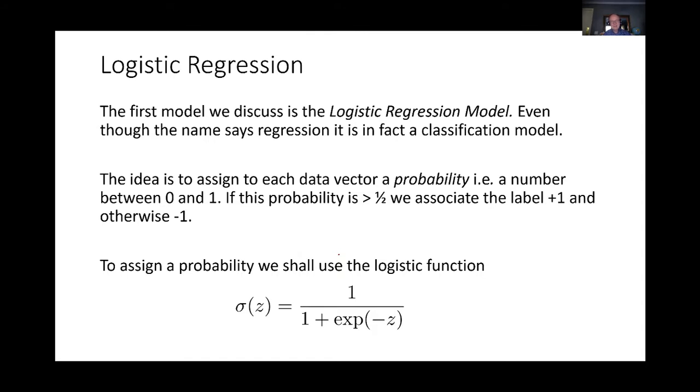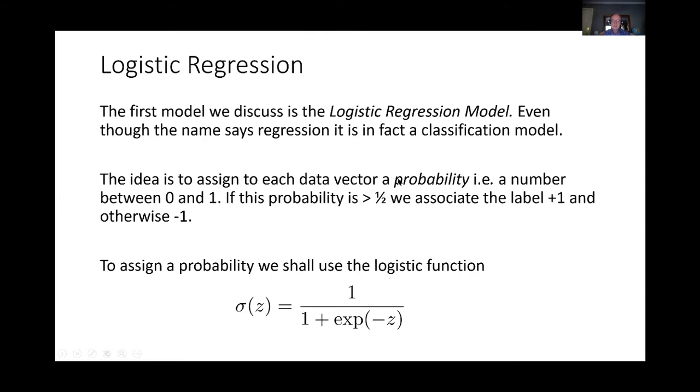So our idea for classification is to apply this function to our line, squish the y values into probabilities between 0 and 1, and then classify by saying that if the probability we get is bigger than a half, we'll give it label +1, and if it's less than or equal to a half, we'll give it label -1. So that's how we turn a linear regression problem into a classification problem.